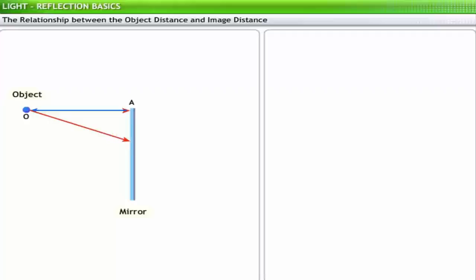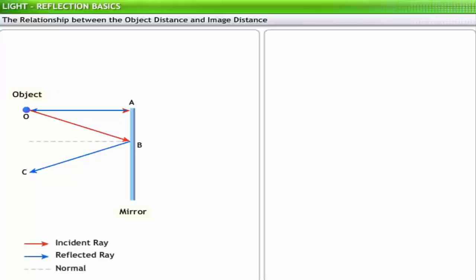However, the second ray, which is incident at point B, is reflected along BC. This ray obeys the law of reflection such that N is the normal as shown. The reflected rays AO and BC, being divergent when extended beyond the mirror, meet at O dash to form the image.